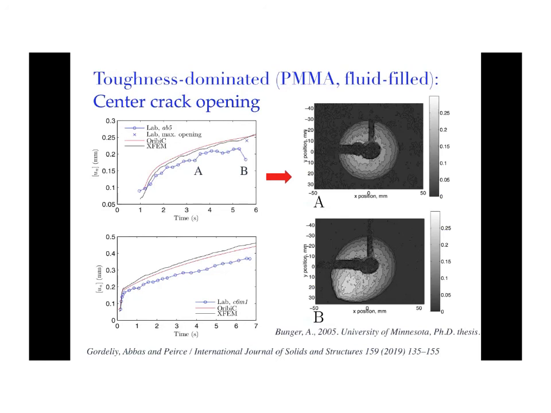So in this case, with the toughness-dominated regime, we think that we actually capture well the opening for a radially symmetric fracture, and this discrepancy is only due to the loss of the radial symmetry in the experiments, which means you actually need not a two-dimensional radial model, but a three-dimensional model to really capture these experiments.